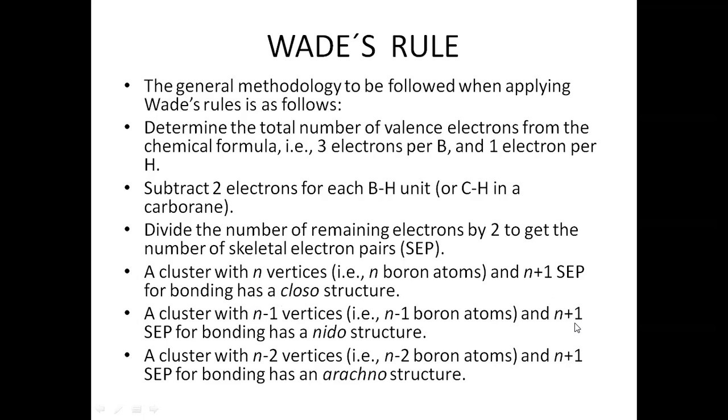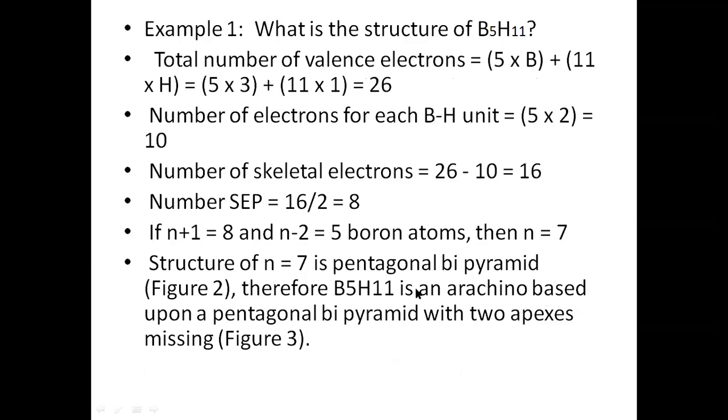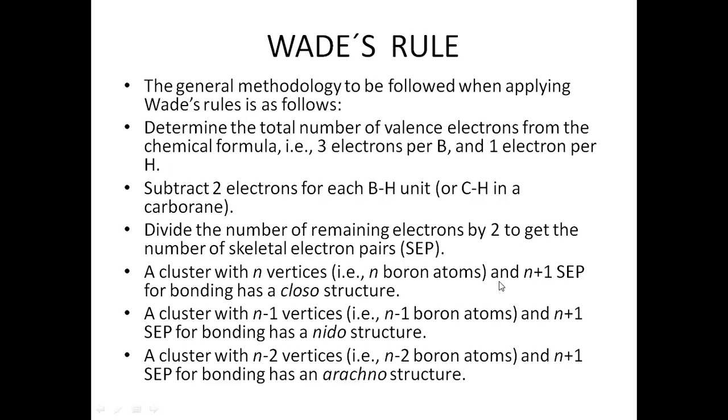At that time n plus 1 equals SEP, and the structure of our borane is nido. If the number of boron atoms is n minus 2, then n plus 1 still always equals SEP. So n plus 1 equals SEP is common.